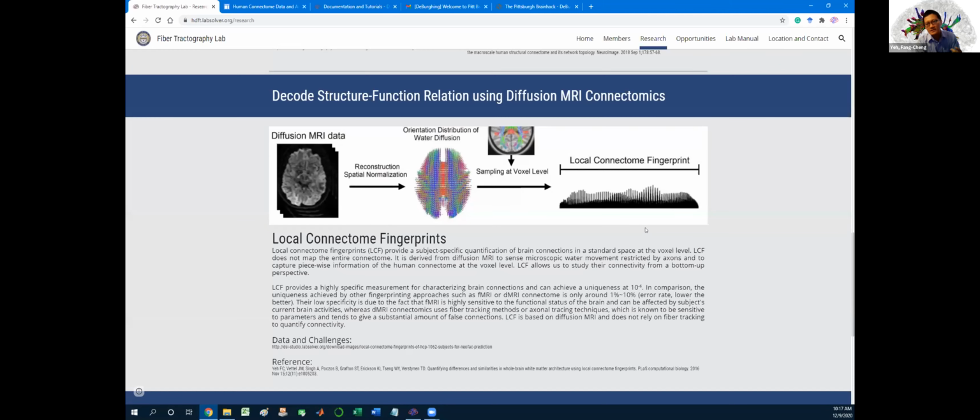And what we found is that it's highly specific to each individual. So it has high specificity to the unique connective pattern in each subject. And what we're hoping to do is correlate this with any kind of function or behavioral score, and try to understand the circuit mechanism behind this.